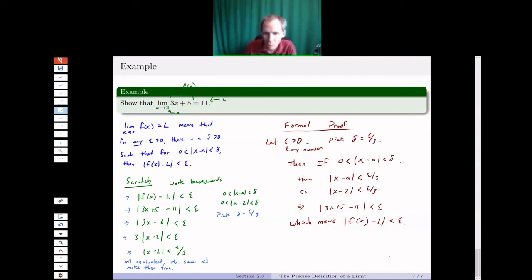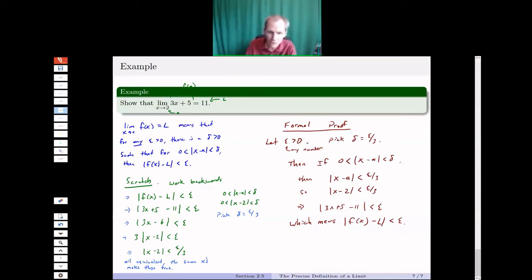So what we're doing when we are showing this definition, when we're going through this formal proof, is we're saying, all right, no matter what measure of closeness you pick using the epsilon, we can find a measure of closeness for the x's, the delta, that will make sure that our y values are close.